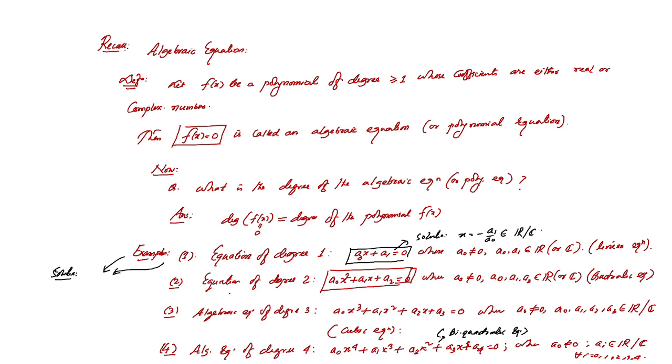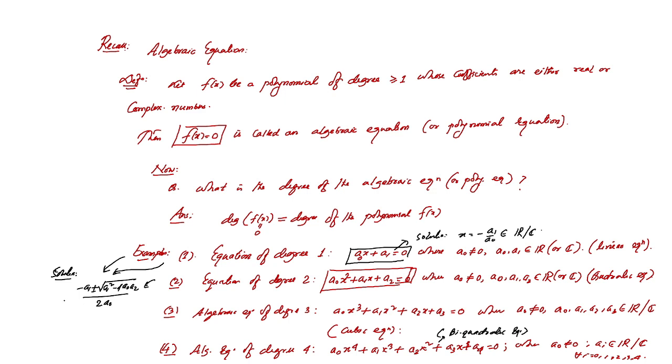For finding the roots of the equation of degree 2, we have the Acharya formula. This is basically x equals minus a1 plus minus square root of a1 square minus 4a0a2, by 2a0.